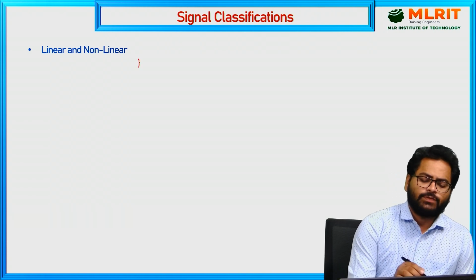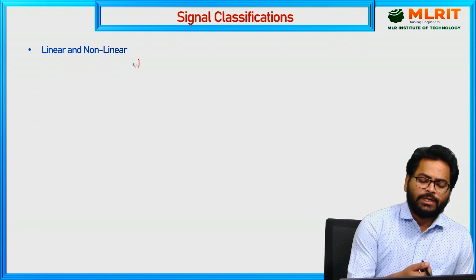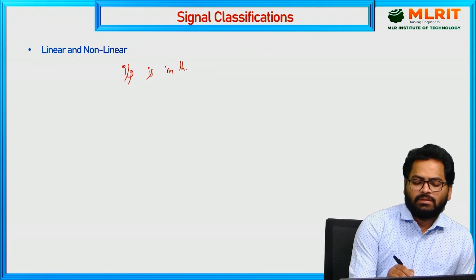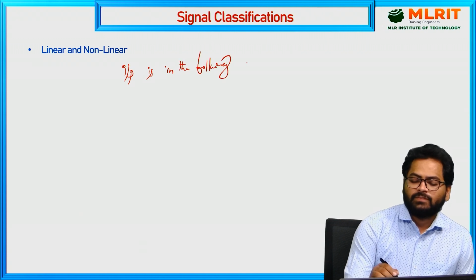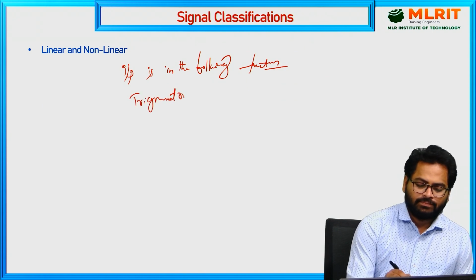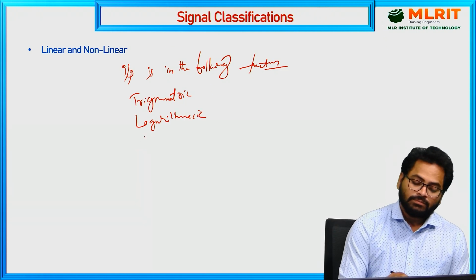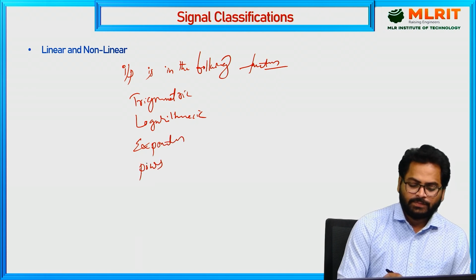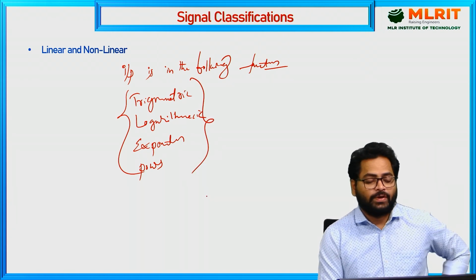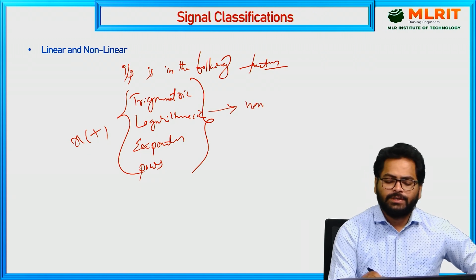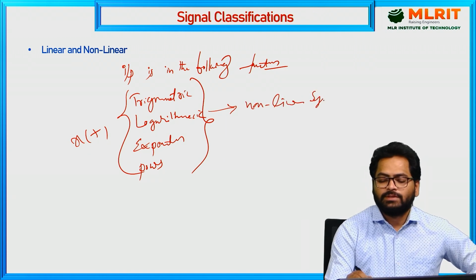If your input x of t appears in the following functions, like trigonometric, logarithmic, exponential, and power functions, then by default that system is a non-linear system. You should remember this.